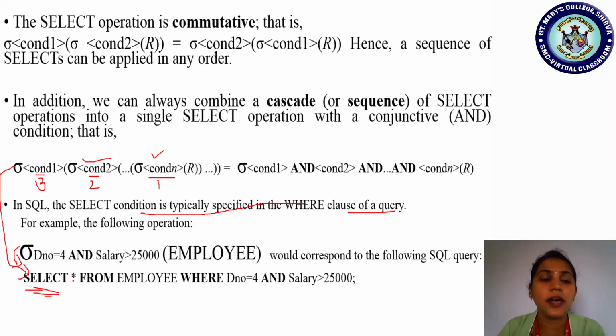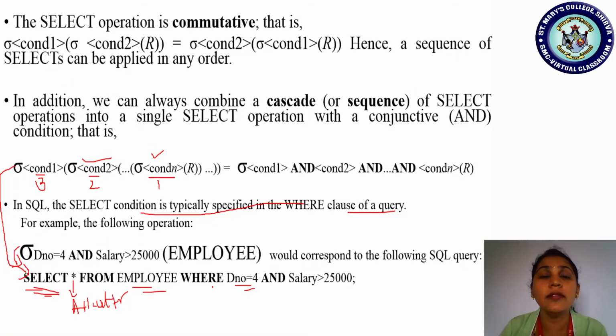Select star, the star or asterisk symbol, means all the attributes from employee. Employee is a relation. So select all the attributes from the employee relation, where you give the condition department number equal to 4.